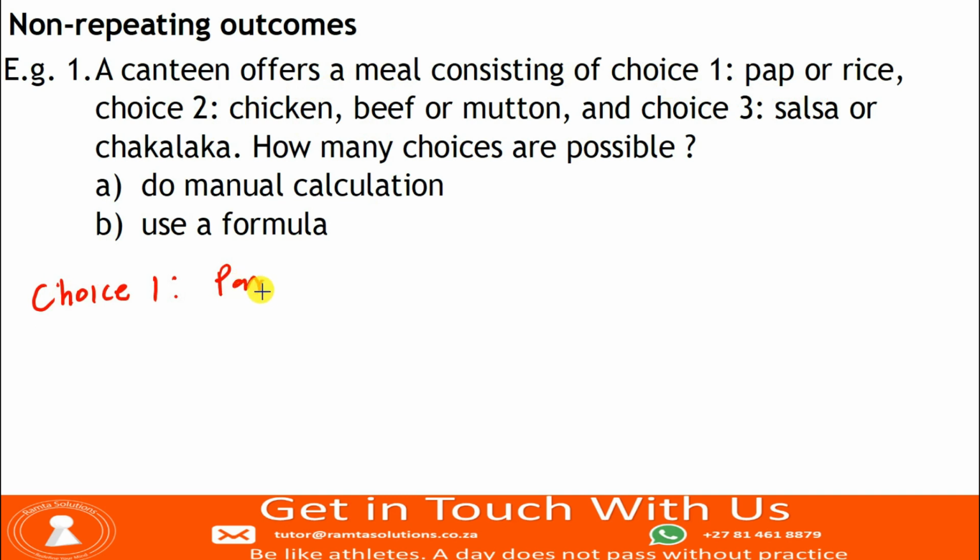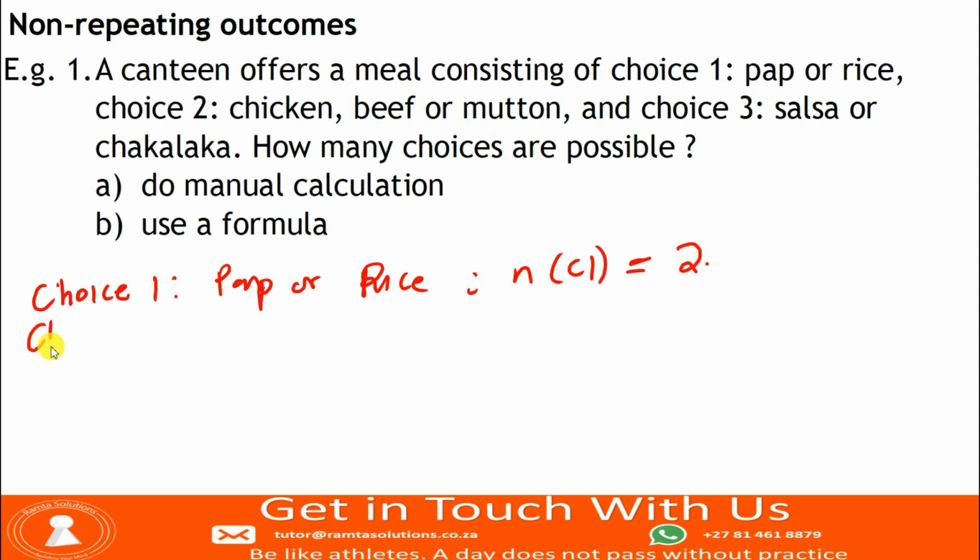So the number of outcomes for choice 1 is 2, and we call it C1. You don't necessarily need to write this C1, C2; that's just to help you understand.